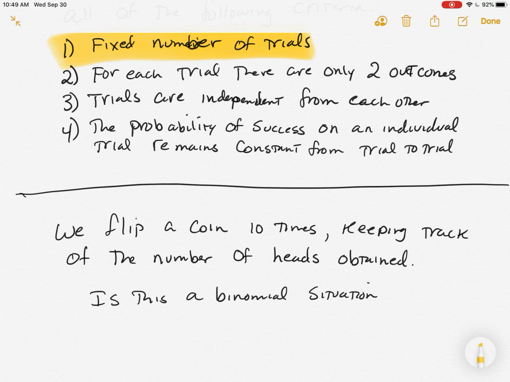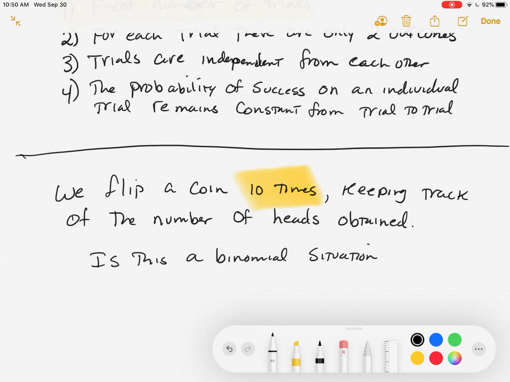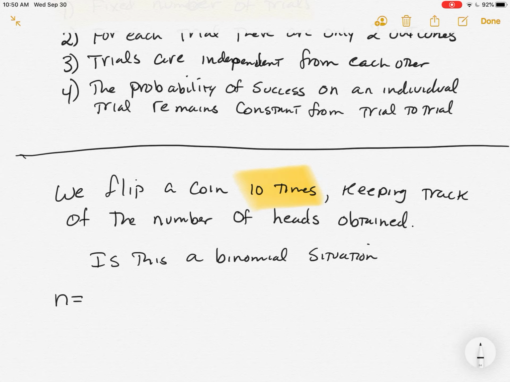In this case, we're flipping a coin. Maybe we're drawing marbles out of a hat. Those types of things. As you look at this example, is there a fixed number of trials? And the answer is yes. The coin is only being flipped 10 times. So the number of trials is 10. The number of trials has a letter associated with it, n. So n is 10. The number of trials is 10.